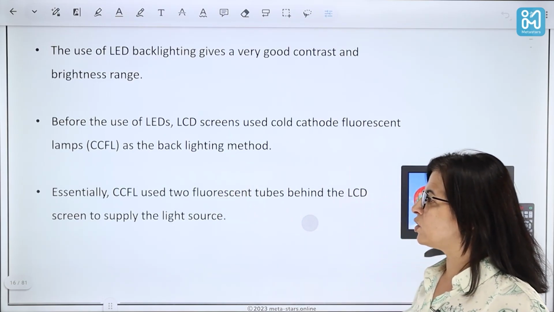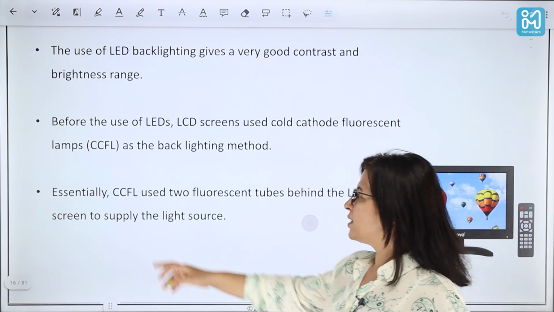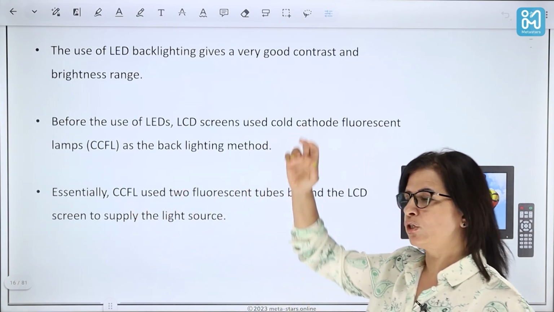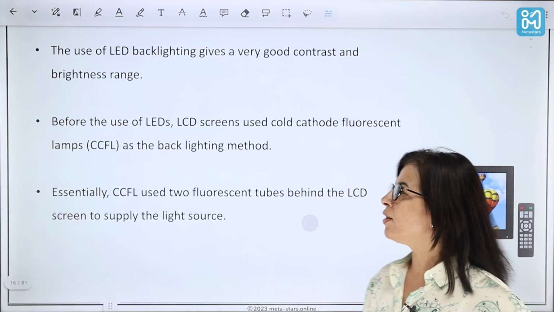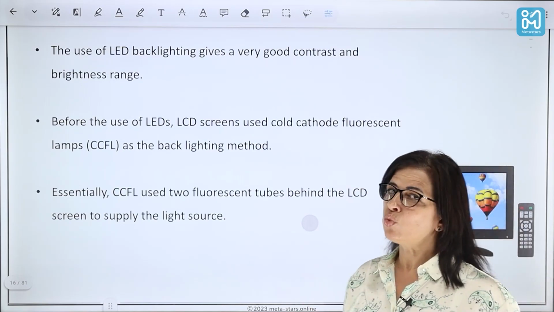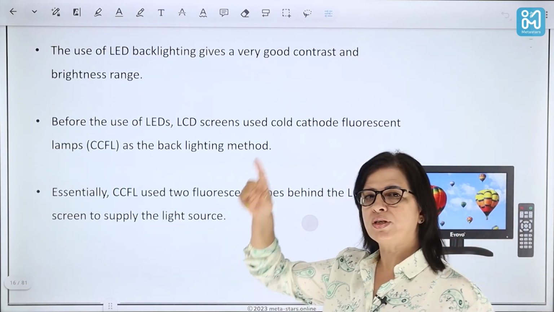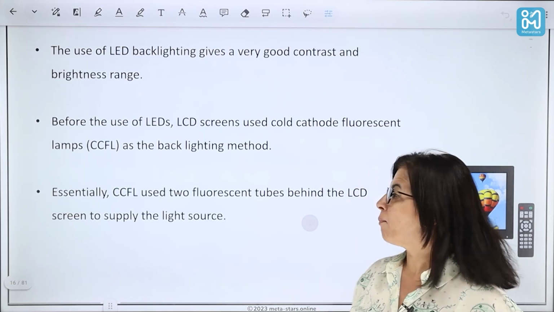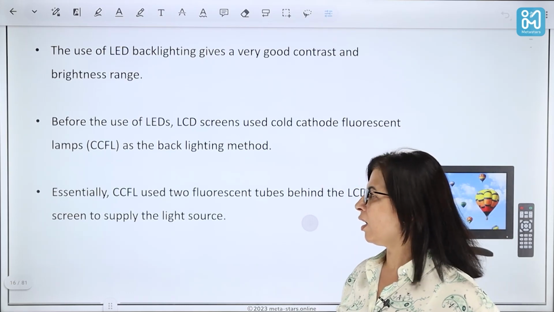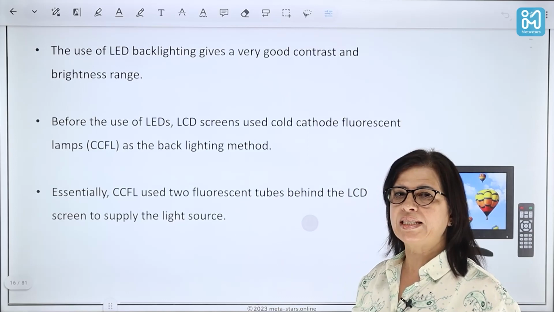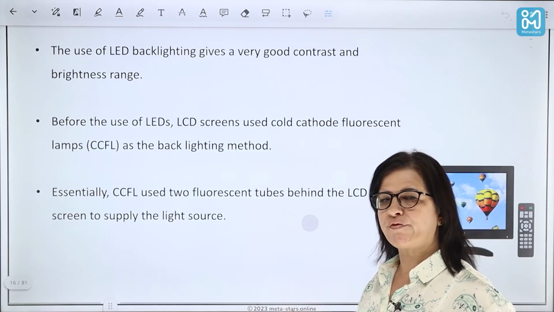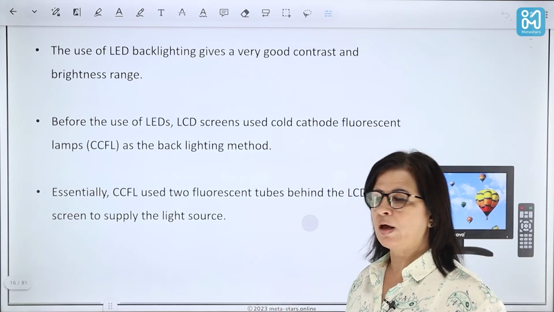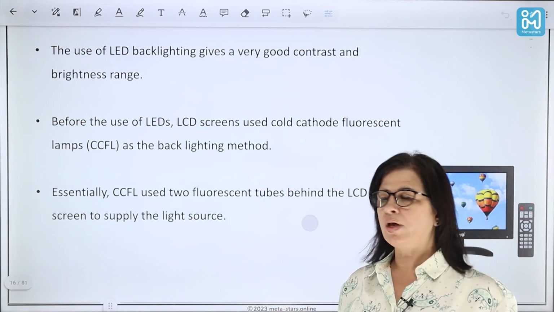The first one used a backlight with a big tube fluorescent type, and the newest one replaces the fluorescent type of backlighting with a grid of LEDs. That gives the same effect, even better, but with thinner monitors.